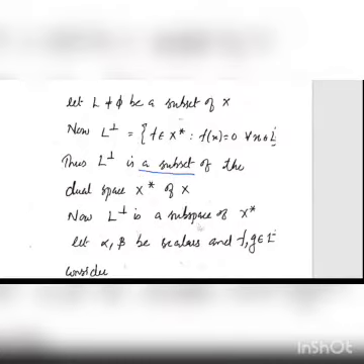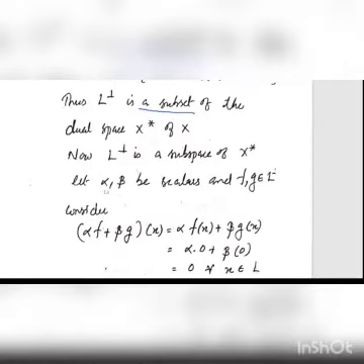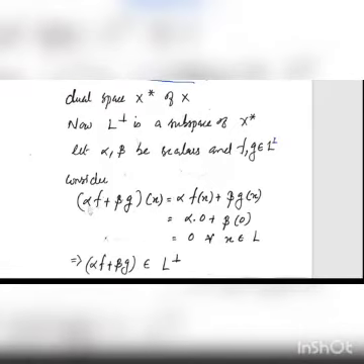Now L perp is a subspace of X star. For that, as I have told, we should take alpha, beta scalars and f, g belonging to L perp. Now consider, for every x belonging to L, alpha f plus beta g of x equals, since f and g are linear, alpha into f of x plus beta into g of x.